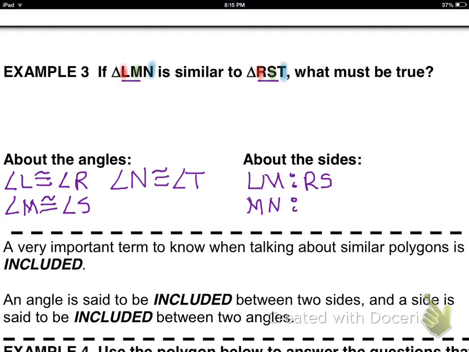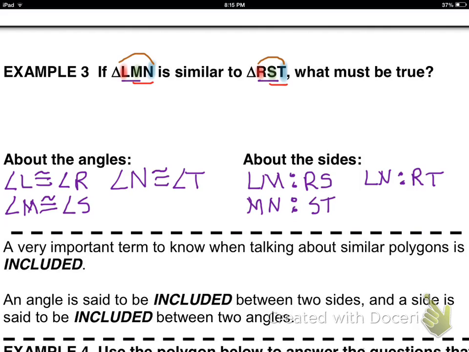The same can be said for sides MN and ST. And finally, LN and RT. The letters that name the angles are in the same positions in the names of the triangles, and therefore their segments are corresponding.